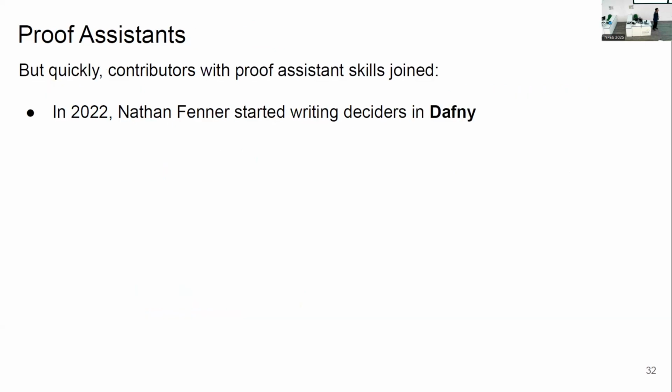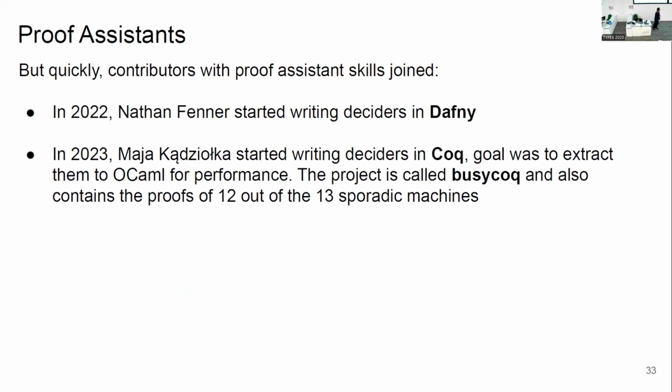But the power of collaboration really exceeded my expectations, because as soon as 2022, a first contributor, Nathan Fenner, started writing deciders in Dafny, which is one program for writing formal proofs about programs.